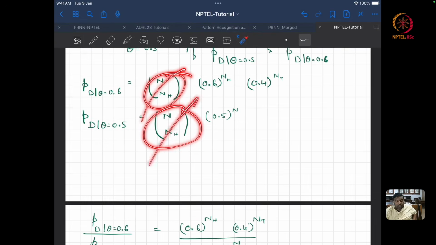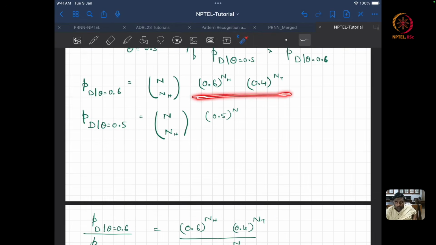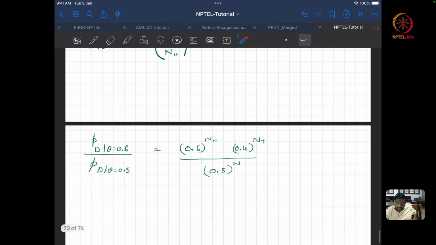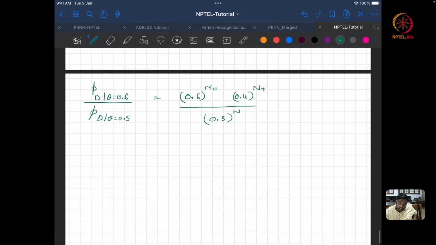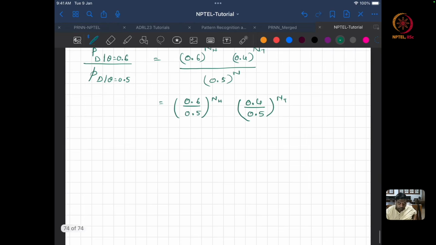When you divide, this will get cancelled. So this is this term divided by this term. I can rewrite it as 0.6 divided by 0.5 to the power of nh, 0.4 divided by 0.5 to the power of nt. This is 1.2 to the power of nh, 0.8 to the power of nt.